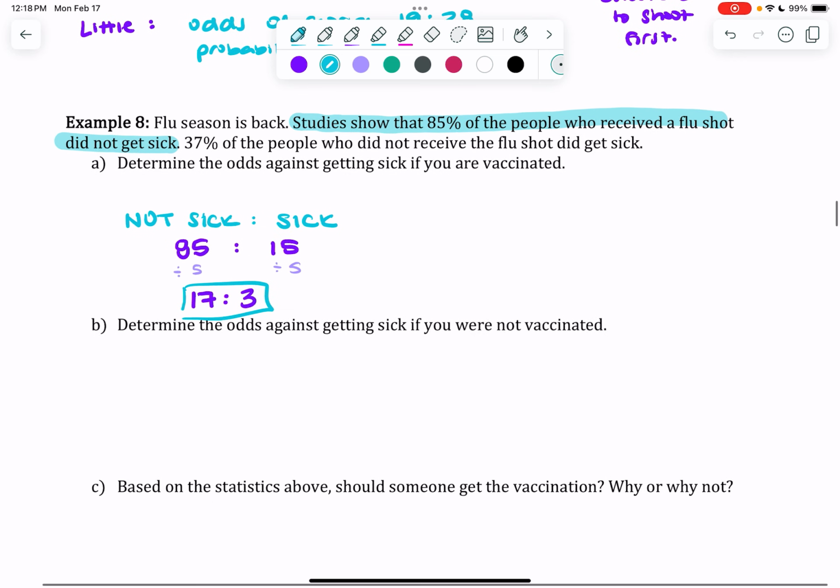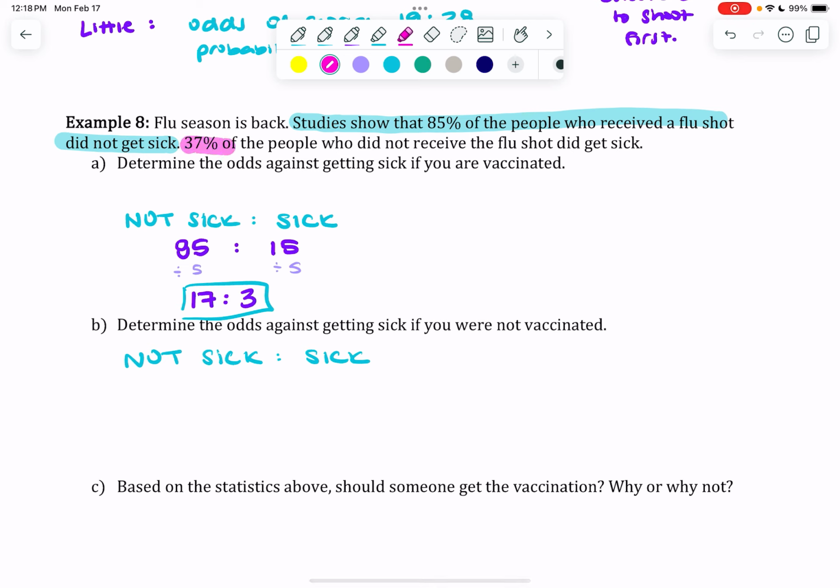All right, next question. Determine the odds against getting sick. So again, same order, not sick to sick, because I'm talking about odds against, if you were not vaccinated. So I'm looking for that data point, specifically this 37% of people who did not get the flu shot did get sick.